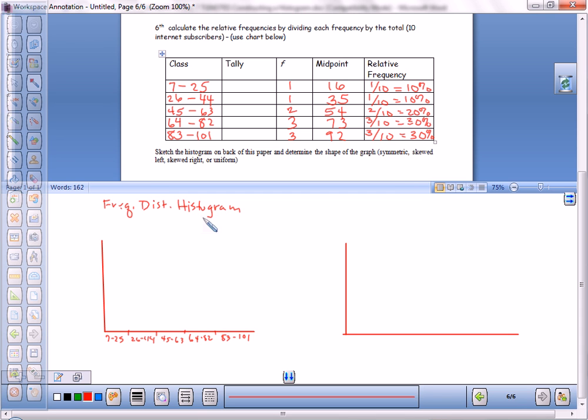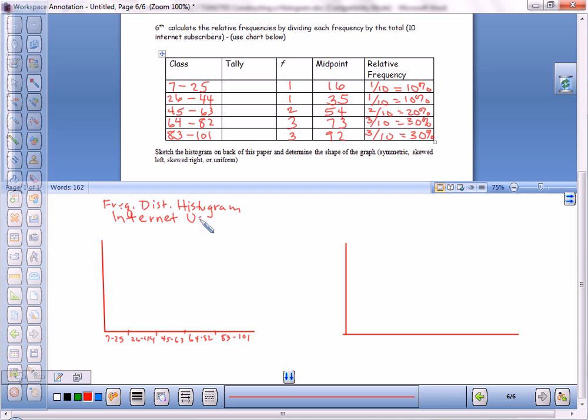They're going to be side by side. So we're doing a frequency distribution histogram of internet use times. That's what it is. So that's a good title.